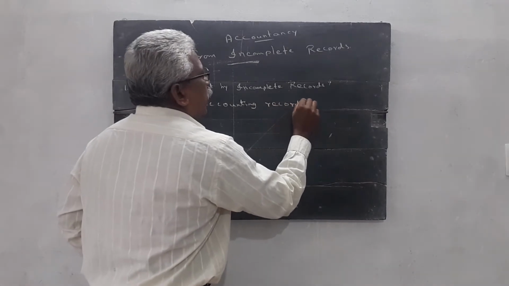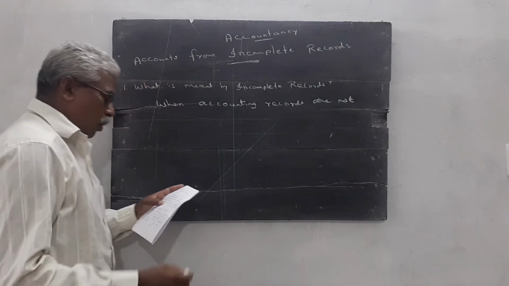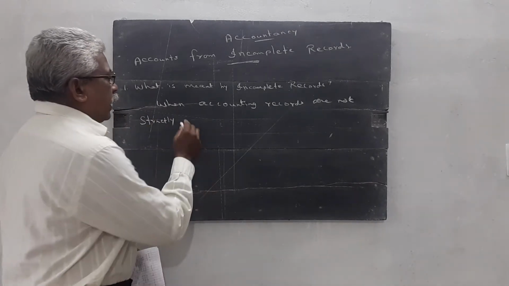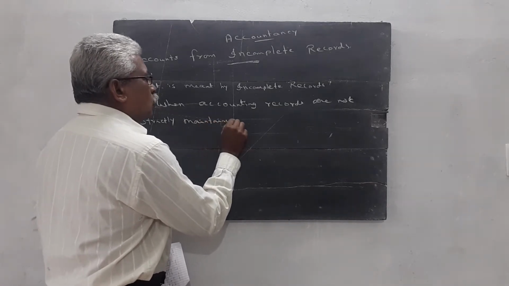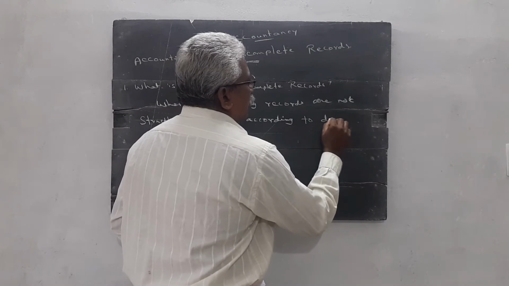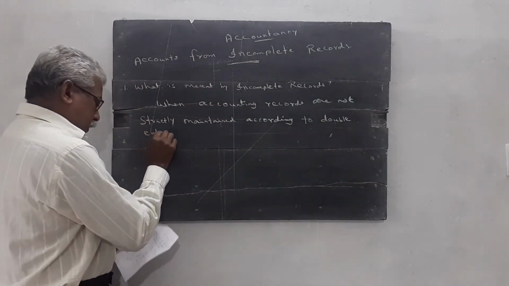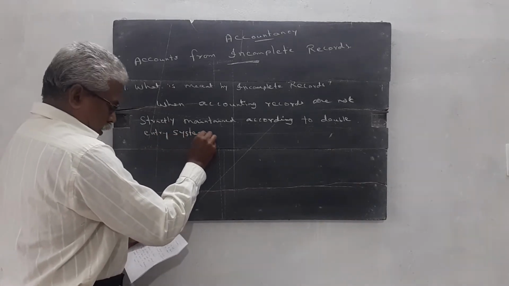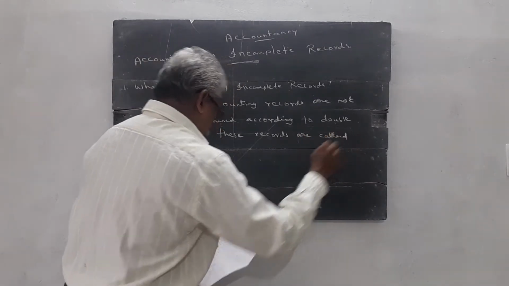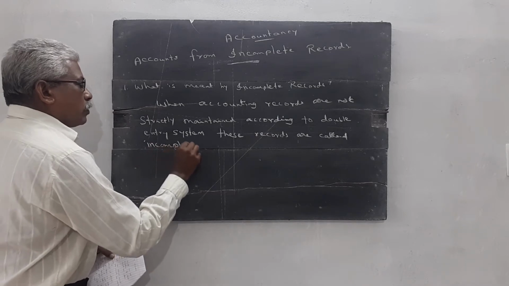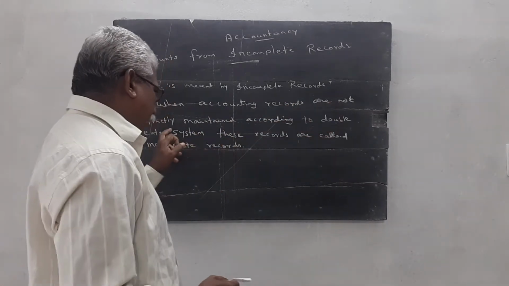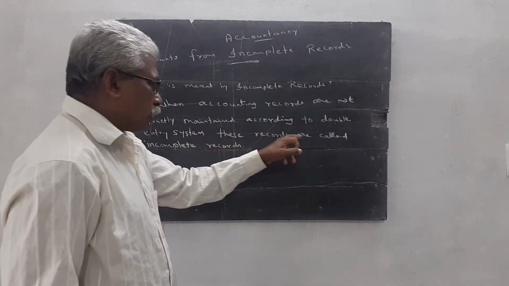When accounting records are not strictly maintained according to double entry system, these records are called incomplete records.